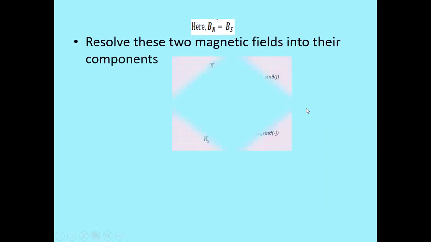Now you can see both Bn and Bs have the same value. Now we are going to resolve the magnetic field at C into the respective components. Here it is Bn, here it is Bs. Bn can be resolved into a horizontal component and a vertical component. The horizontal component is Bn cos theta into minus i vector, since it is in the negative x-axis.